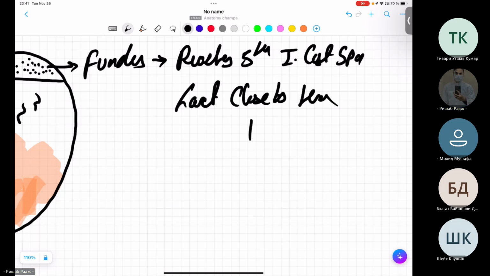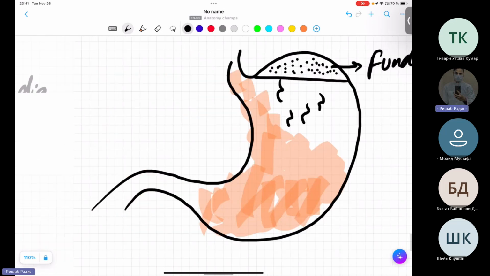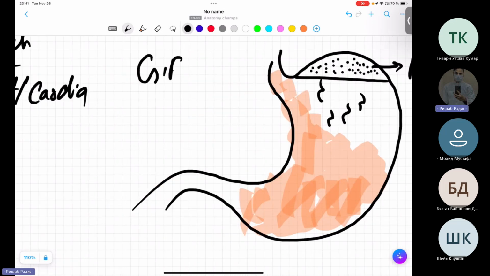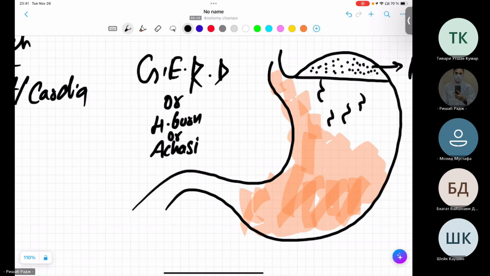Okay. One more thing. There is a condition known as gastroesophageal reflux disease, or heartburn, or achalasia cardia.